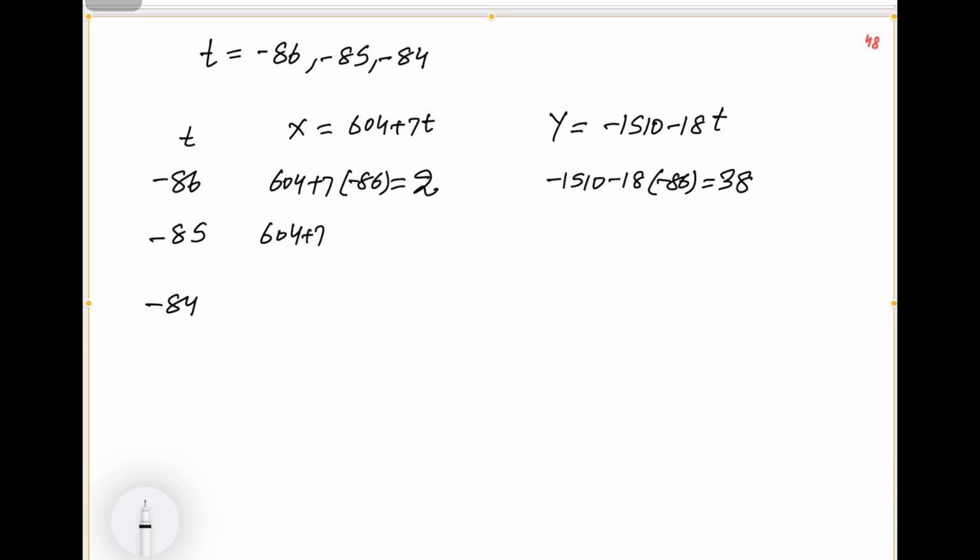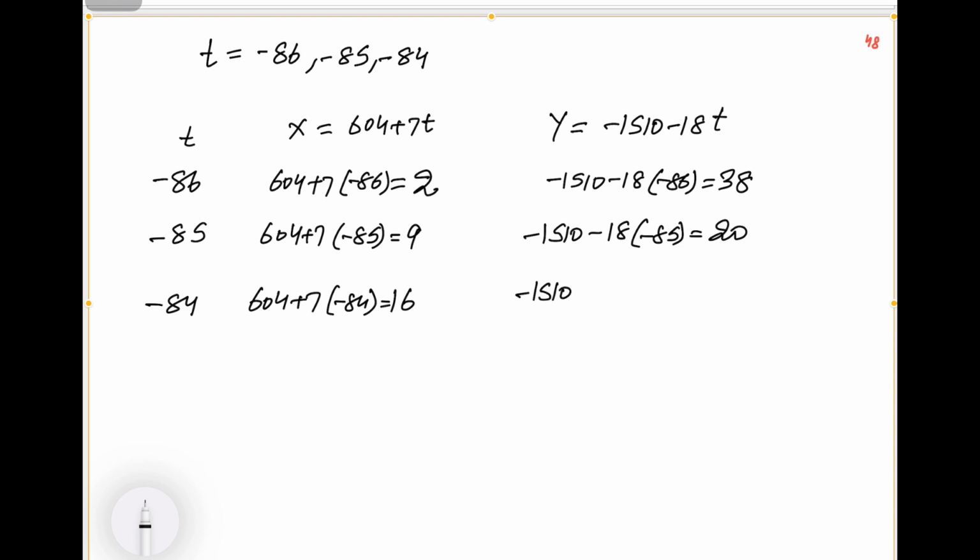Second solution, we get 9, 20, and then with 604 plus 7 times minus 84, we get 16, 2. So we get three solutions, 2 and 38, 9, 20, 16, 2.